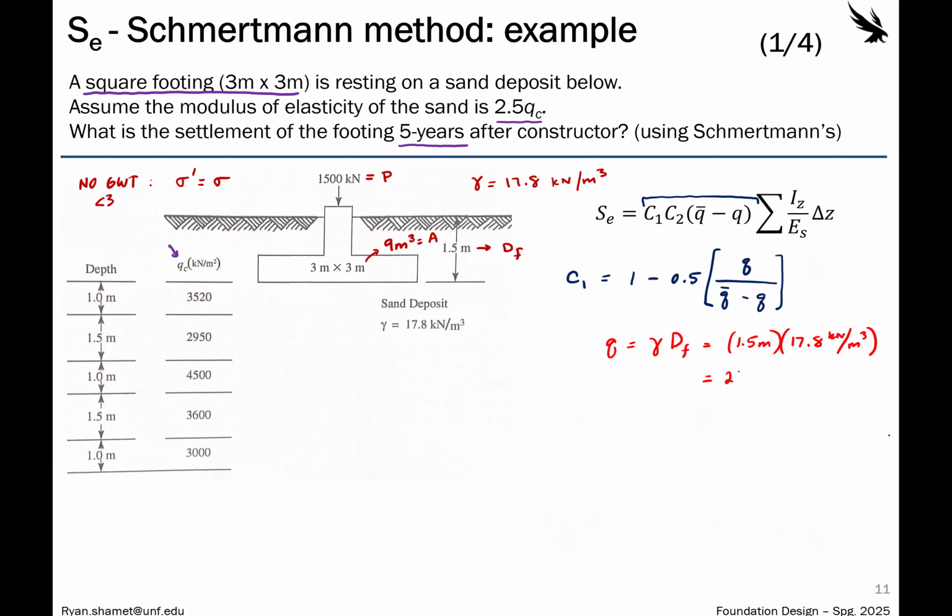So this is going to be 26.7 kilonewtons per square meter or kilopascal. And again, effective is equal to total because there's no groundwater table. If there was a groundwater table at the surface, then we would have to worry about this. So it's the Q here at this depth. This is our Q.